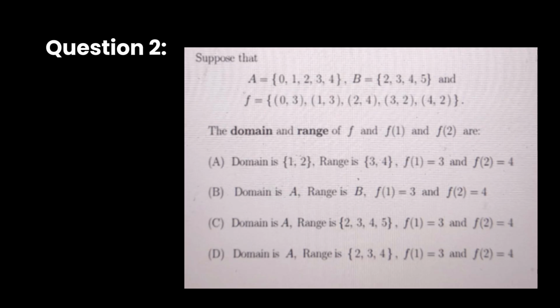Option A, domain is 1, 2, range is 3, 4, f of 1 equals 3 and f of 2 equals 4. Option B, domain is A, range is B, and f of 1 equals 3 and f of 2 equals 4. Option C, domain is A, range is 2, 4, 5, f of 1 equals 3 and f of 2 equals 4. Or D, domain is A, range is 2, 3, 4, f of 1 equals 3, and f of 2 equals 4.